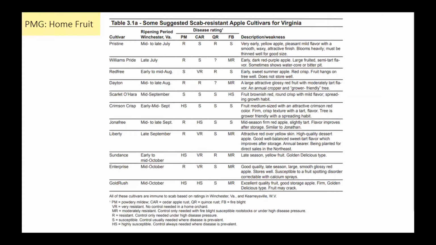The home fruit section is interesting. There are a lot of things buried in that section that you might overlook if you jump straight to the fungicide spray recommendations. For example, here you can see the common diseases. Some of the most common diseases that we see on apple in Virginia are powdery mildew, cedar apple rust, quince rust, and fire blight.